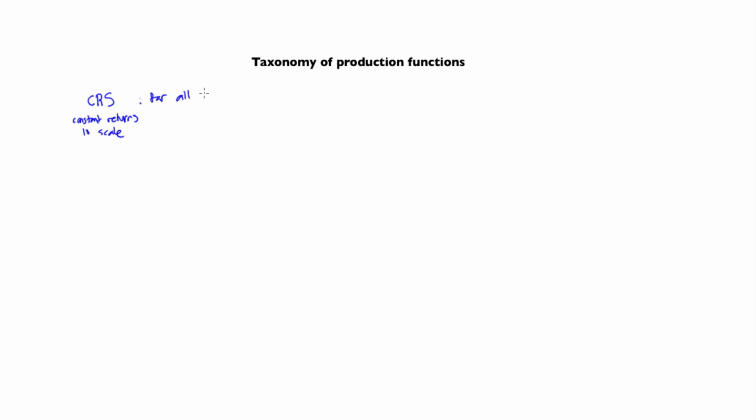For all pairs of inputs K and L, and for all lambda, which is some number greater than 0, if I take the original level of production at f of K, L and I compare it with what gets produced at the level of inputs lambda K and lambda L, I get exactly lambda times the output. In other words, if I double the inputs, I double the level of production. And that happens for any change in the scale that I may consider.